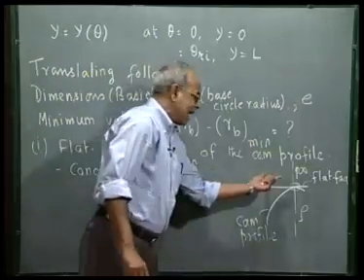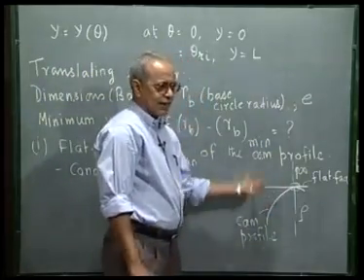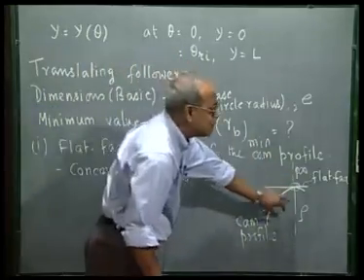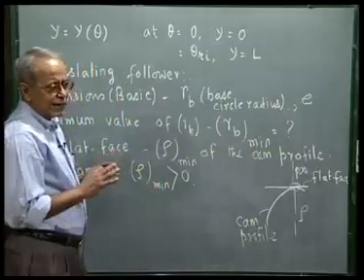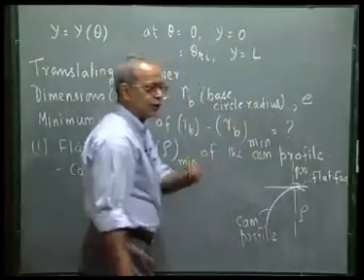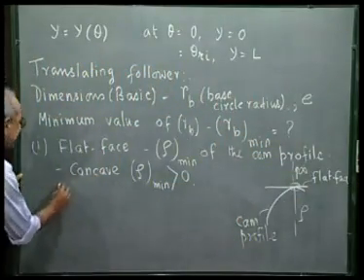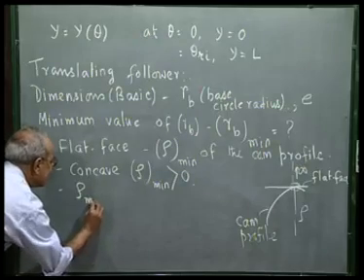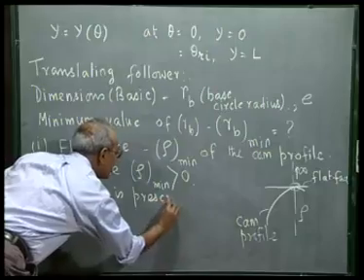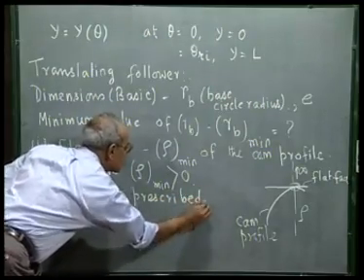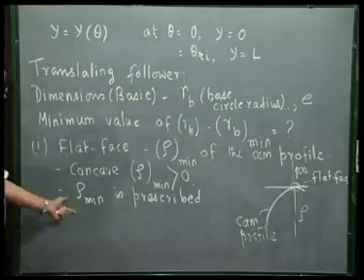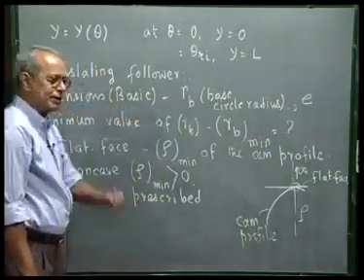So, the allowable contact stress level for the given force decides what must be the minimum radius of curvature. We will not get into the detailed discussion of how to determine this contact stress and how does it depend on rho. What we shall assume is that rho min is prescribed. From this contact stress point of view, for a flat face follower, the rho min of the cam profile is prescribed.